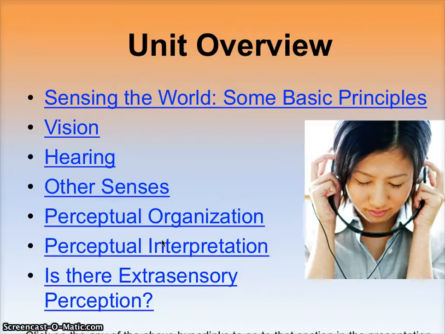The other senses, the chemical senses, such as taste and smell, of course, your sense of pain and touch and all of those good things. Those all come under sensation. And then we move into perceiving in all of those different arenas. But we're going to start with some basic principles of sensation.